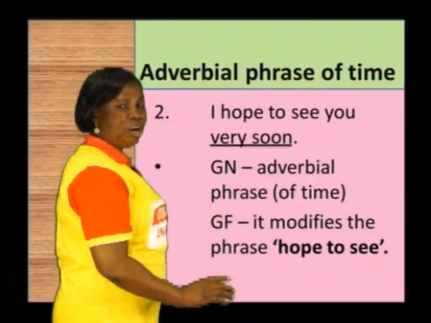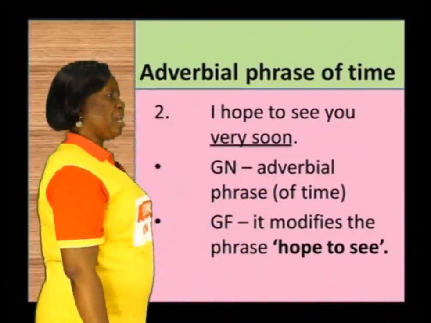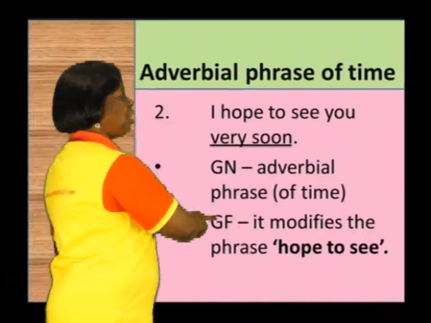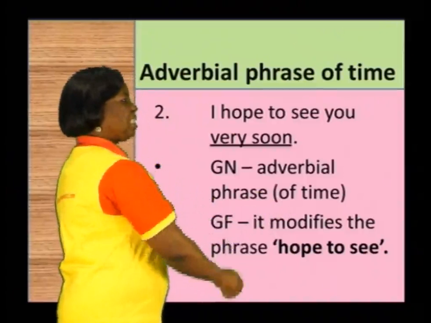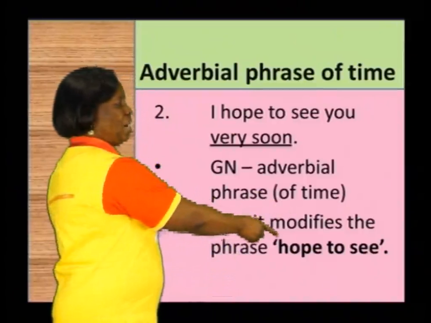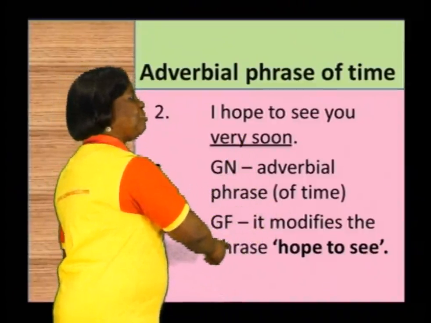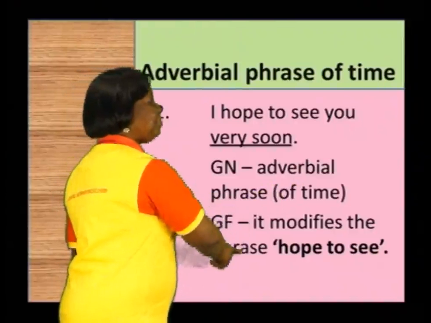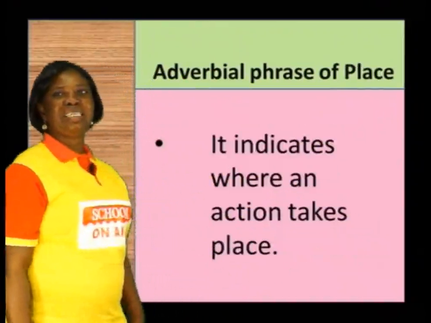But if you are not sure of the type, you just leave it. Just write adverbial phrase. You won't be penalized for that. Then the GF is, it modifies the phrase hope to see. You can see that the verb we have here is more than one word, and that's why we are putting it in the form of a phrase. It modifies the phrase hope to see. You write it out as you have it in the sentence.